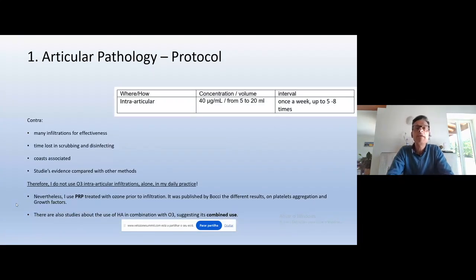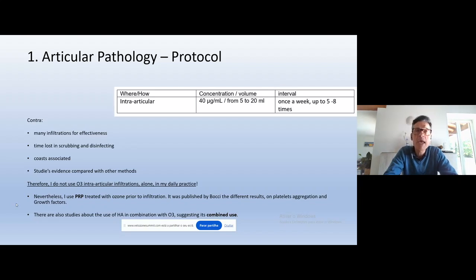So having these studies in mind, I put here this small table with my own protocol of injecting joints. In fact, I don't inject intra-articularly. Why?